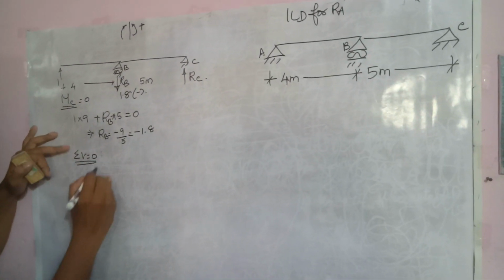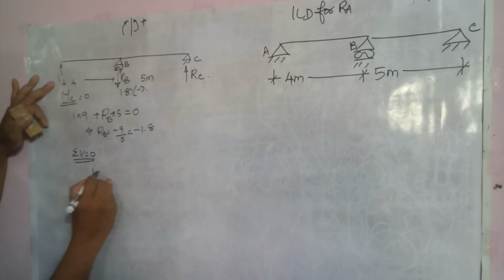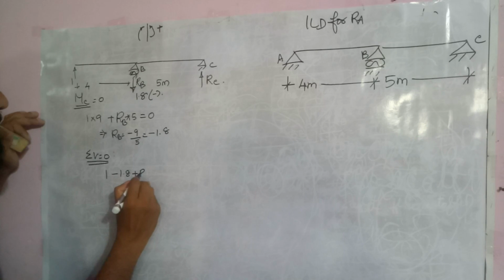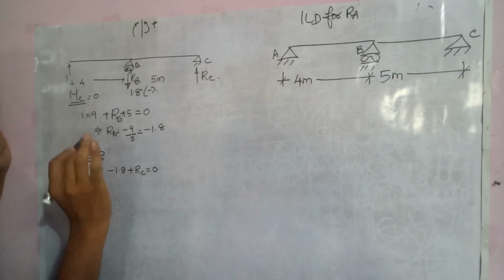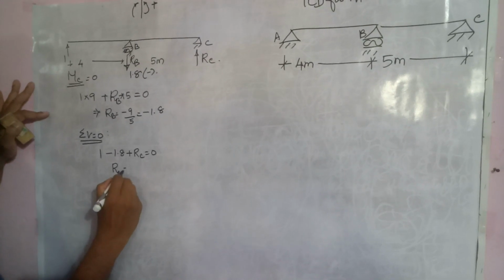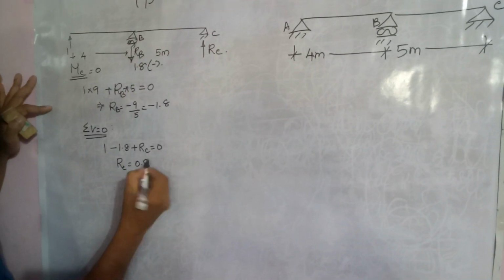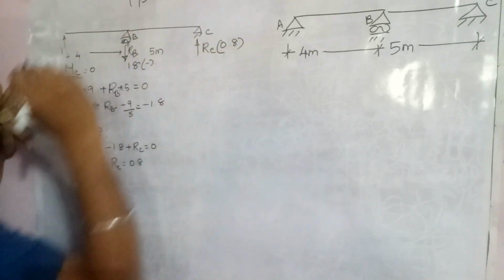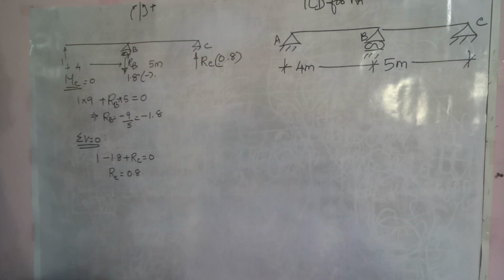The total load should be equal to 0. So that is 1, and minus 1.8, plus RC is equal to 0, since there is no total load. Putting that, RC will be equal to 0.8. So the value is 0.8.